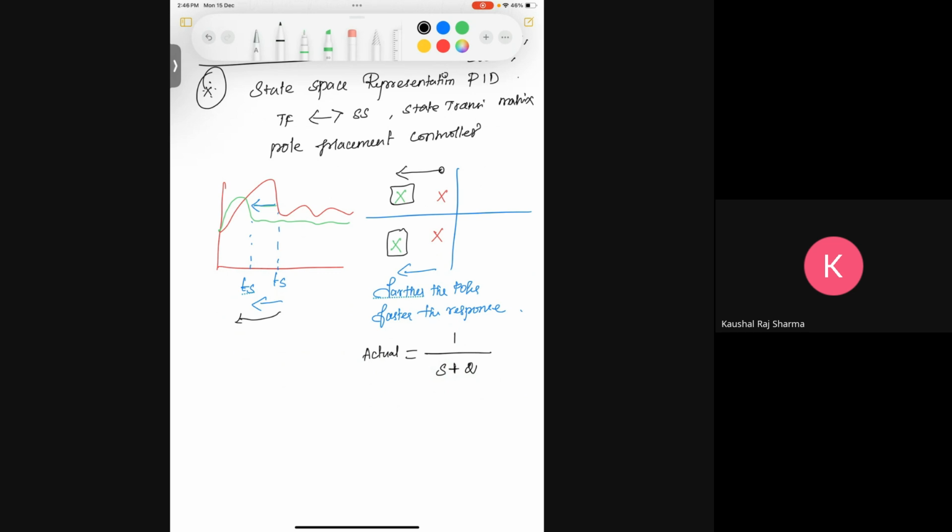So what I can do, I will just multiply this with s plus 10 divided by s plus 10. This is the arbitrary method that we used to do.